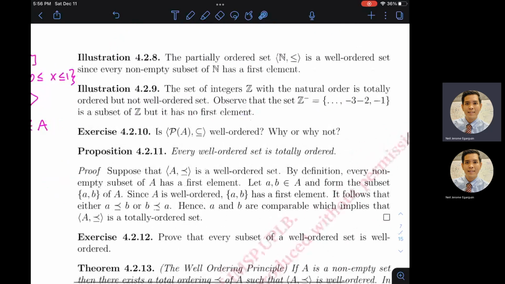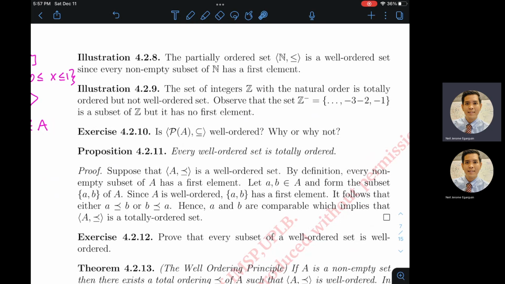Now another example of a totally ordered set is the set of integers together with the natural order. It is a total order, and yet it is not well ordered. Kasi si Z itself, wala siyang first element. Kasi sa natural ordering, kung ilista mo yung mga integers, you will have negative large integers up to 0, and then 1, 2, 3, until the larger integers.